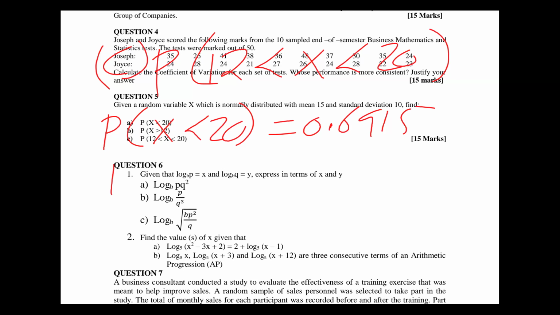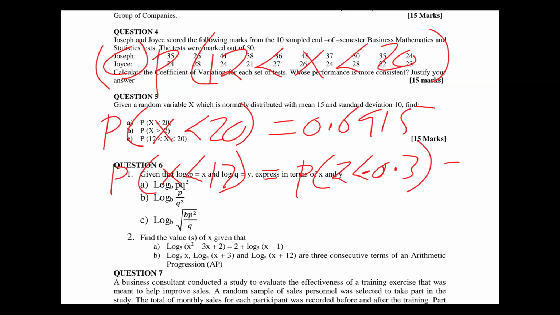And we also have the probability that X is less than 12, which is equal to the probability that Z is less than negative 0.3. We found this to be 0.3821 from B.